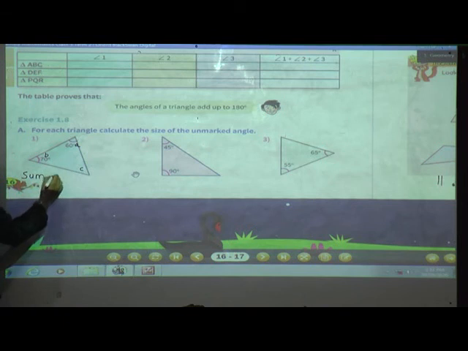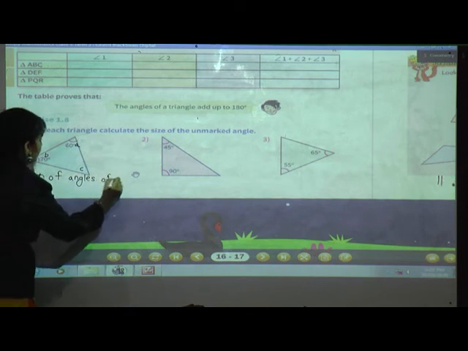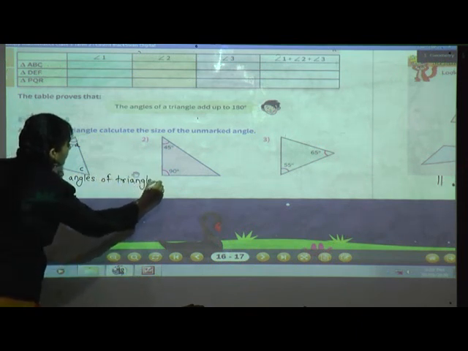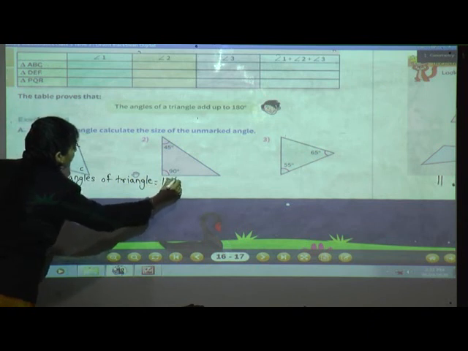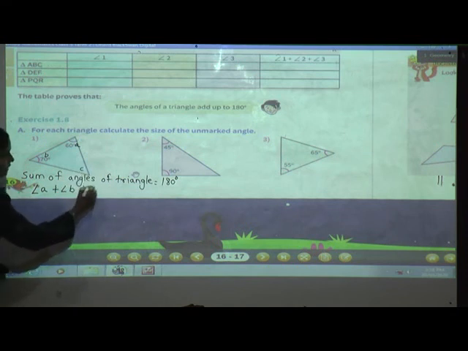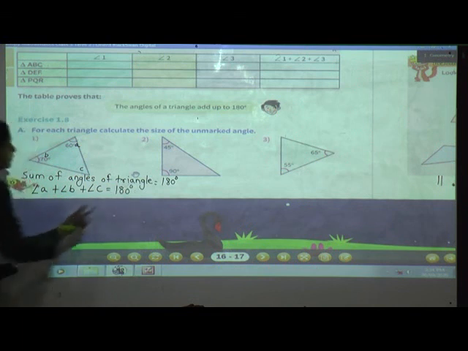Sum of angles of a triangle is equal to 180 degree. Now here we have to add: angle A plus angle B plus angle C is equal to 180 degree.